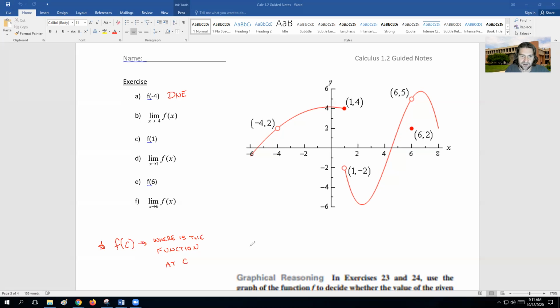What's different about f of c versus the limit as x approaches c of f of x is that this is asking where is the graph going? Not so much where is it at, but where is it going?